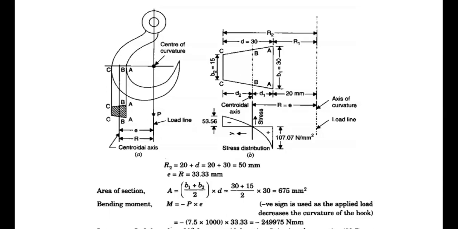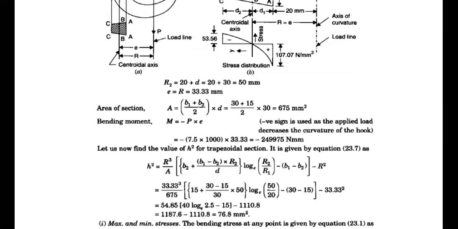Now please try to calculate. As the usual procedure, whenever you have a standard cross section, it may be a rectangle, or a trapezium, or a circle, whatever the type of cross section, please try to find the standard value of h square.